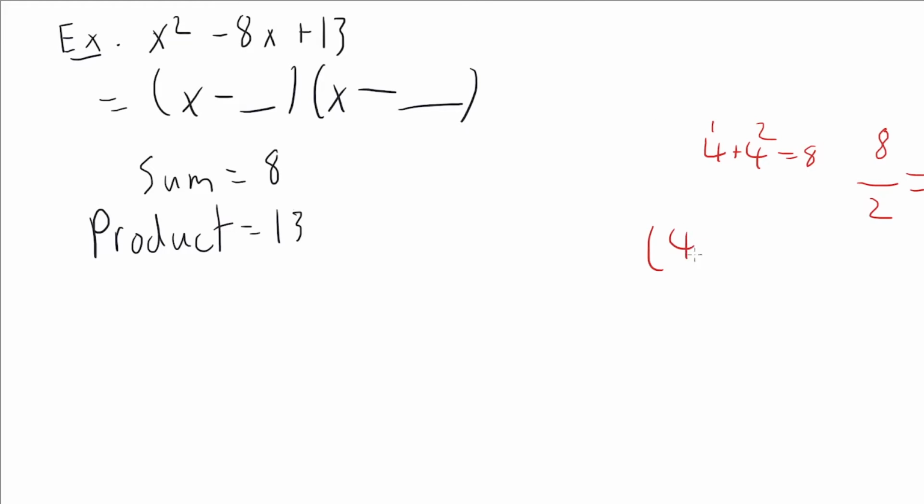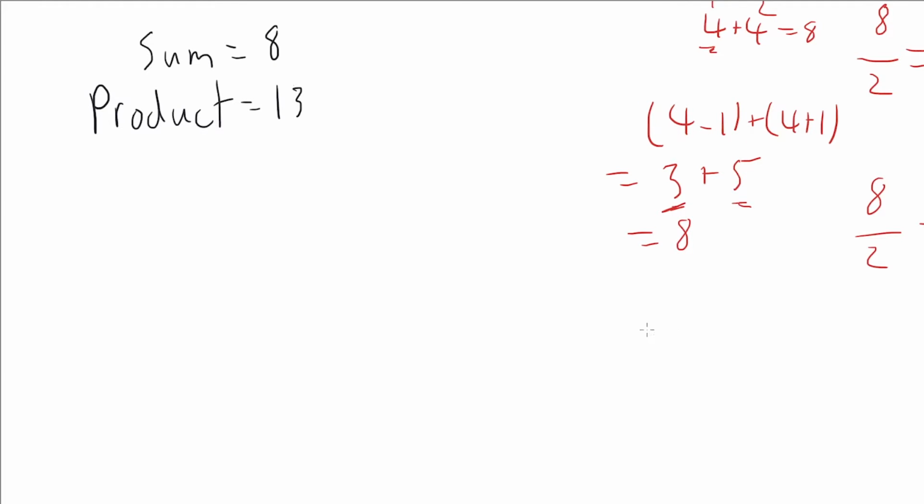Now what if we were to subtract 1 from the first 4 and then add 1 to the other 4? Well, this is 4 minus 1, that's 3, plus 4 plus 1, that's 5. So we have 3 plus 5, that's 8. And we have two numbers right here. So 8 divided by 2, that's equal to 4. Let's do one more.